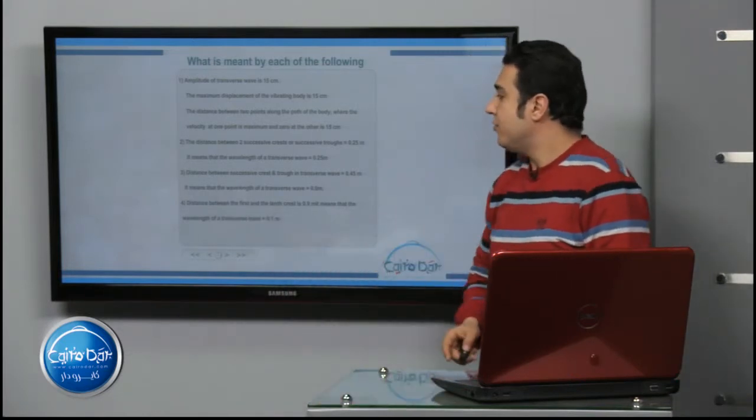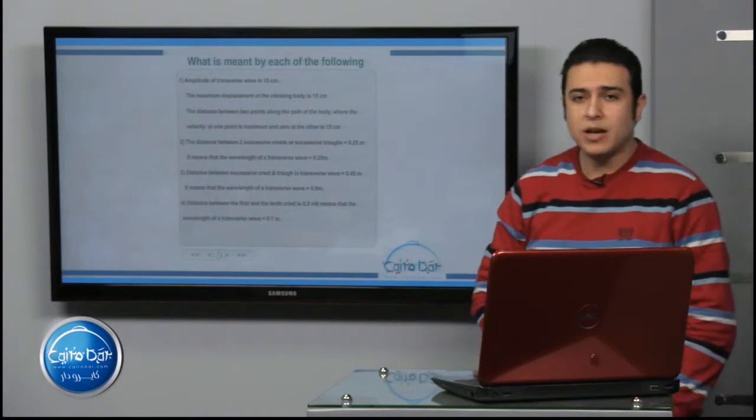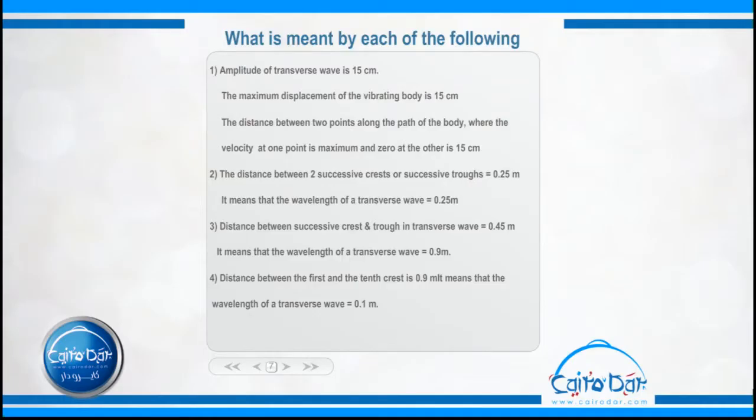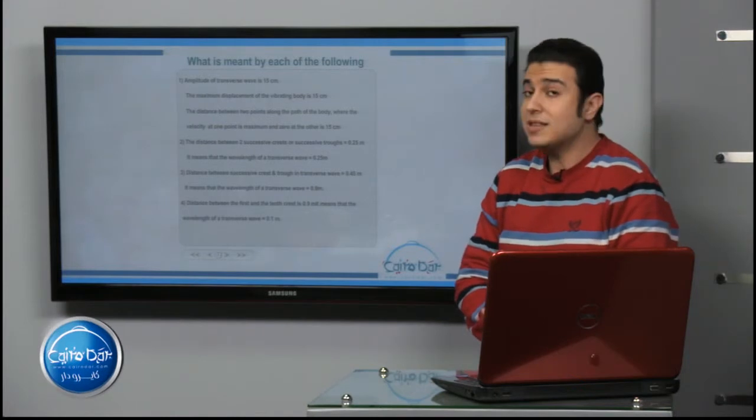Here, the distance between the first and 10th crest is 0.9 meter, which means the wavelength of the transverse wave equals 0.1. How? In number 4, I repeat it again, if the distance between the first and 10th crest is 0.9 meter, what does it mean?